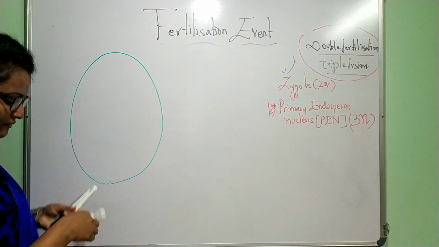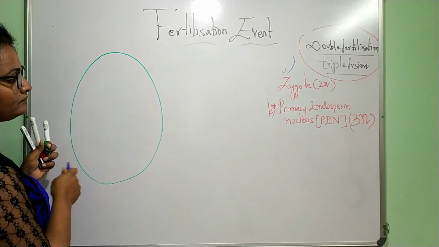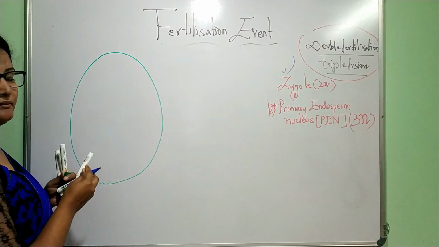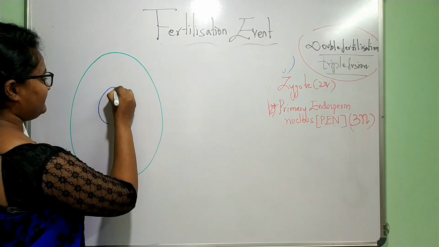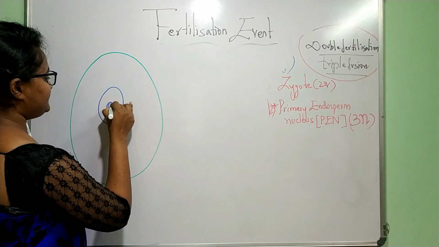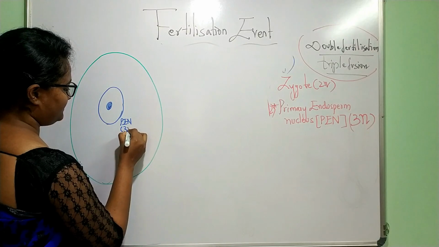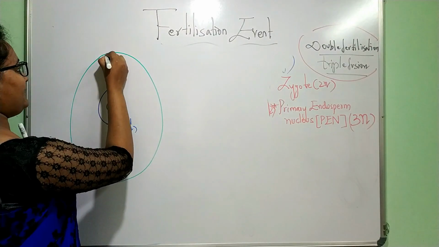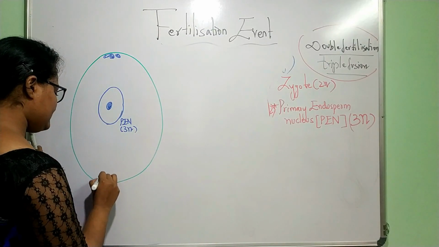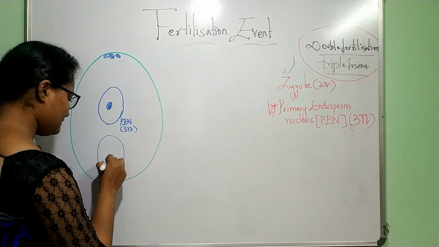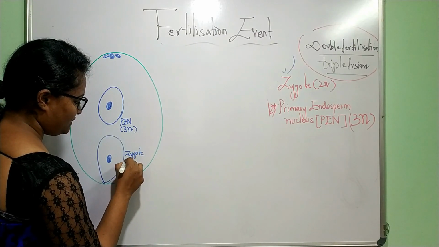Here is the PEN, which is 3n, and this is the zygote, which is 2n.